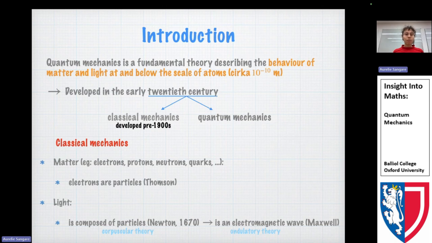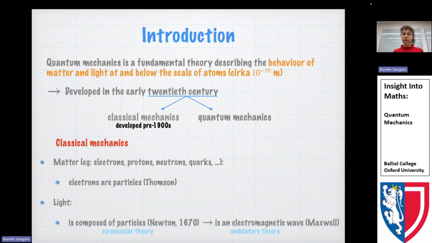So we have matter, for example, electrons, protons, neutrons, or quarks, and Thomson said that electrons are particles. And when it comes to light, in the 1670s, Newton devised a corpuscular theory of light. So he devised a theory of light in which light is composed of particles or corpuscles. So that's why we call it a corpuscular theory of light.